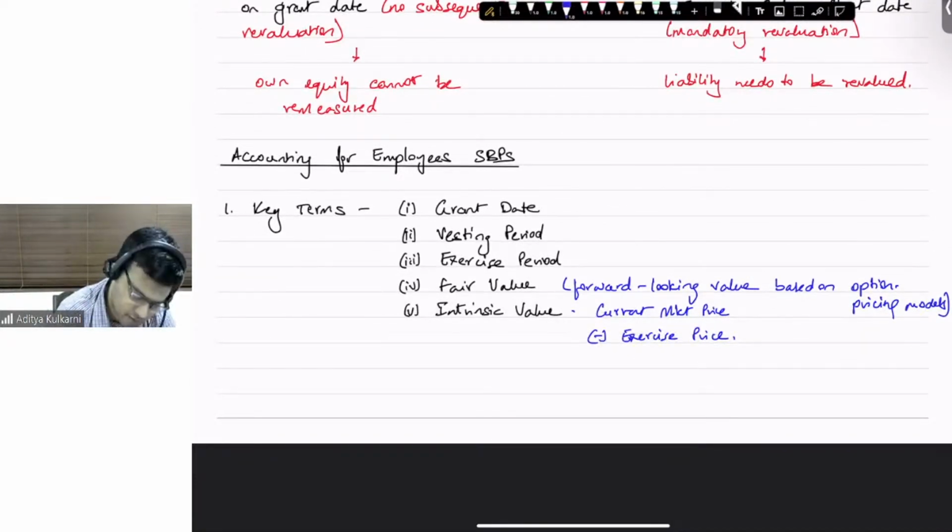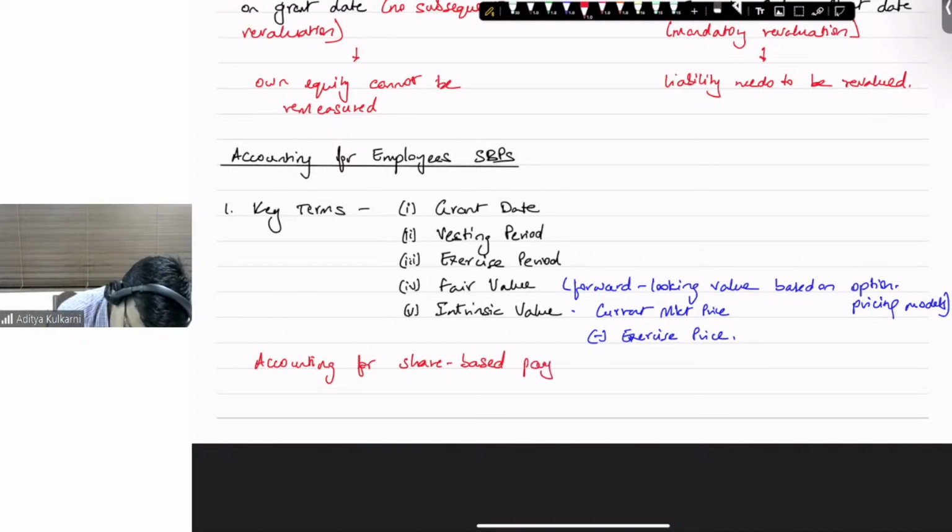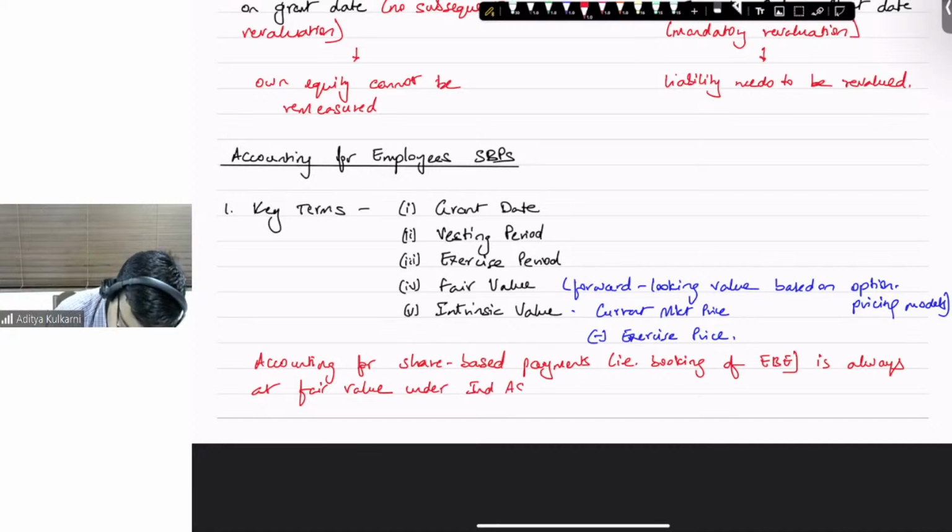Okay, so you can just write here: accounting for share-based payments, that is booking of employee benefit expense, is always at fair value under Ind AS 102.